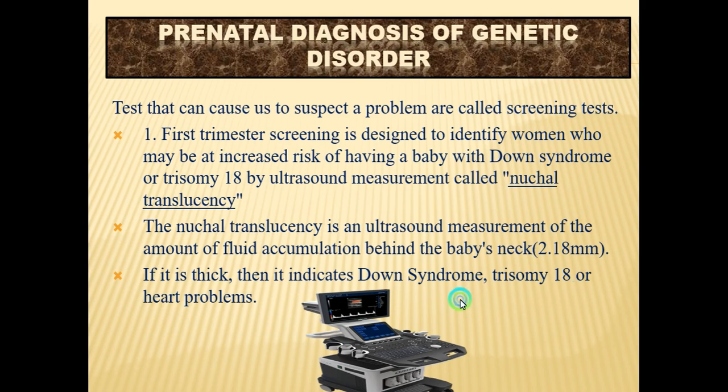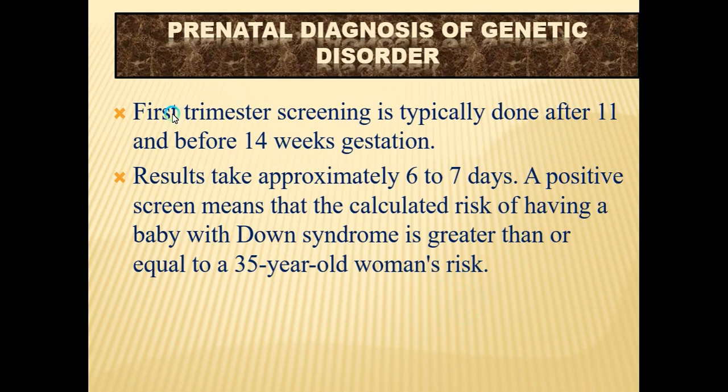First trimester screening is typically done after 11 and before 14 weeks of gestation. We get the result in a week. If it is a positive screen, that means the calculated risk of having a baby with Down syndrome is greater than or equal to a 35-year-old woman's risk.